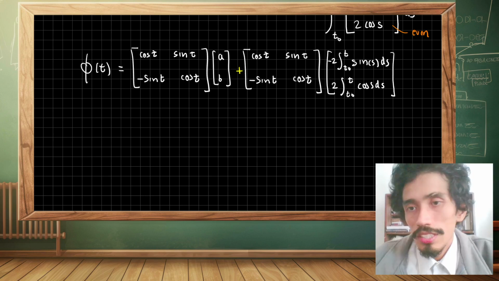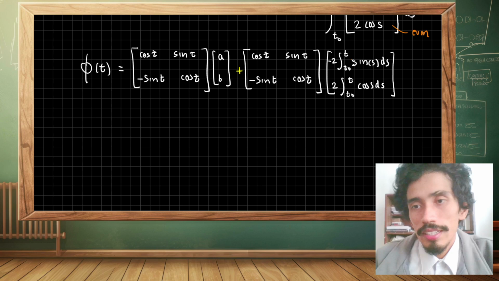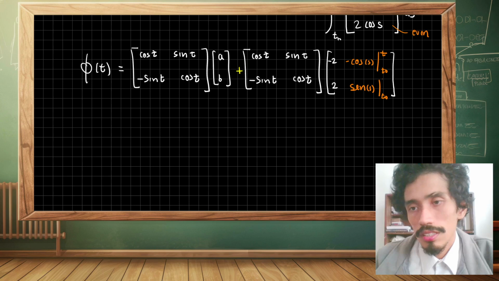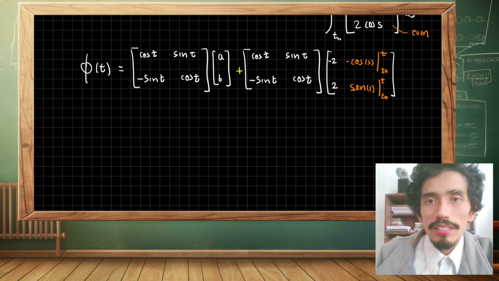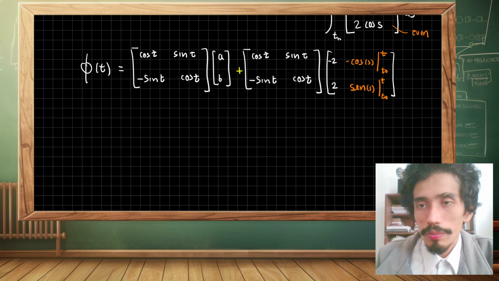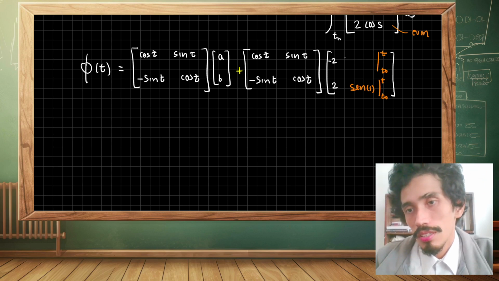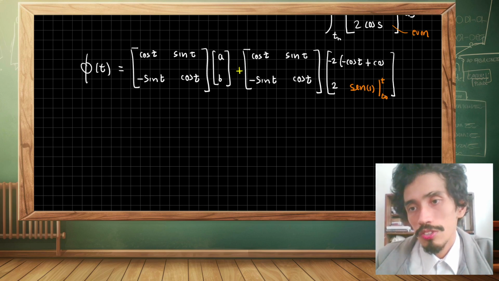Now, this integral is also very easy to calculate. This is the minus cosine of s evaluated from t0 to t, and this one is the sine of s. So this will be in turn equal to minus cosine of t, minus minus is plus cosine of t sub 0, but t sub 0 is 0, so it's the cosine of 0.